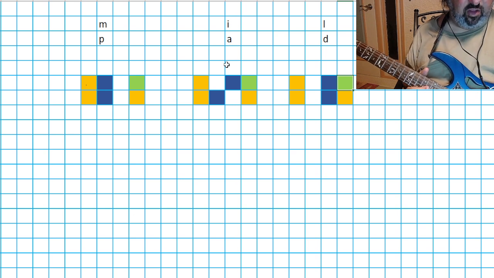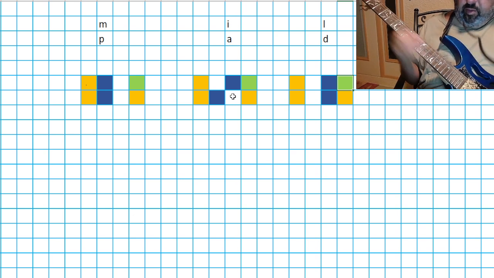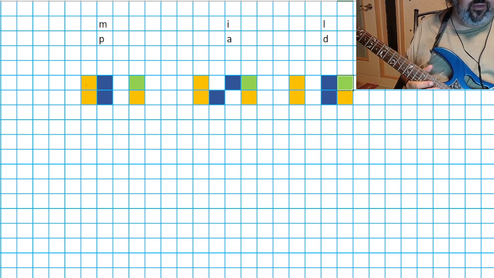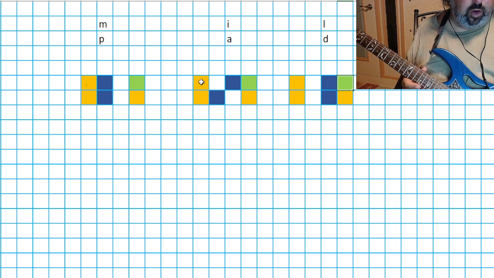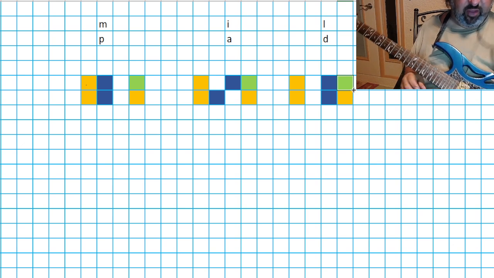Now I just played this shape because I moved up. These are all going to be linear to each other on the fretboard, and they're going to be this note and this note, there would be one white note in between them. The same with this note and this note, and these two are linked together by this square, if that makes any sense. But I think it will in a second.